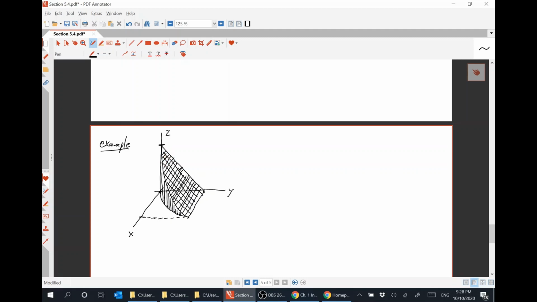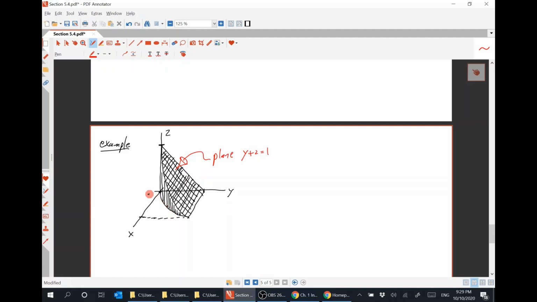Okay, so what do we have here? On the top, this is the plane y plus z equals 1. The plane y plus z is equal to 1.